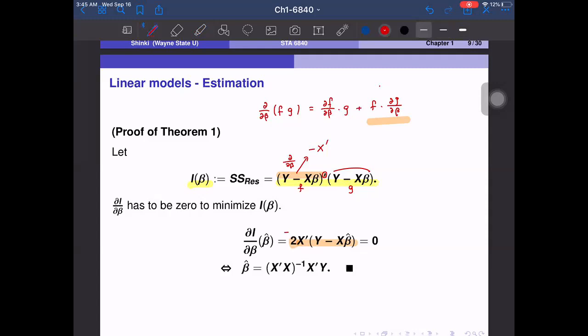At first we divide by 2. Then we think about X prime times X beta hat. We move this term to the right-hand side, then X prime Y is equal to X prime X beta. So beta hat is equal to X prime X inverse X prime Y. So this is the answer. Now we have finished the basics of estimation, the least square estimator.